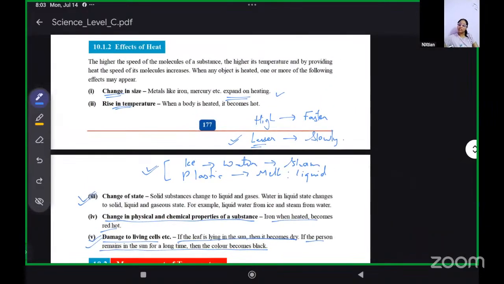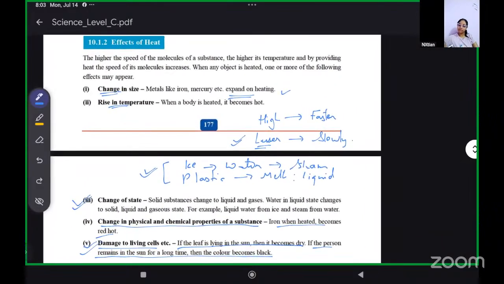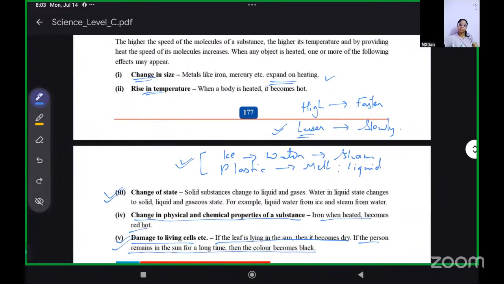Any doubt in effects of heat? Yes, ma'am. Yes, Anna. You said that if you increase the temperature and heat something at a high temperature, the molecules will speed up.